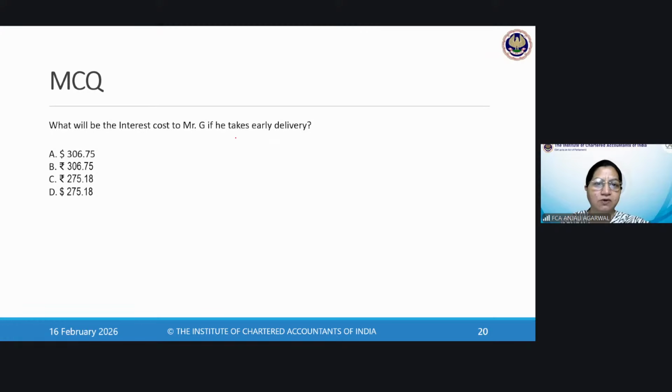What will be the interest cost to Mr. G if he takes early delivery? So what will happen is, as Mr. G will take the delivery on 30th November, bank will pay him the rate which is committed to him, which is 85.40. However, bank sells it in the open market at 85.22.